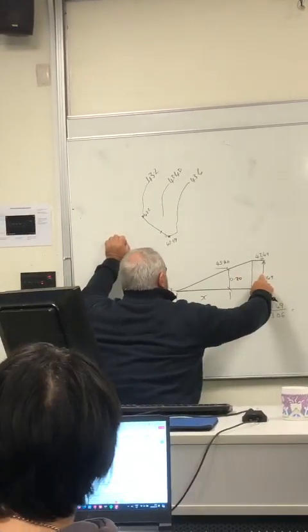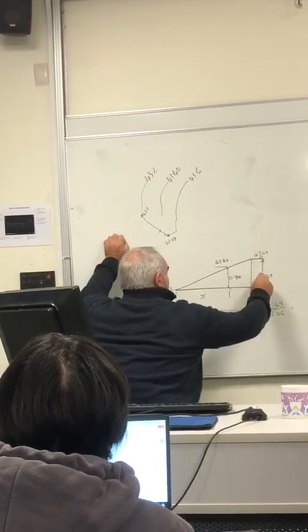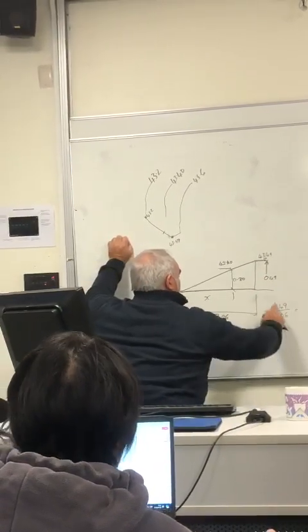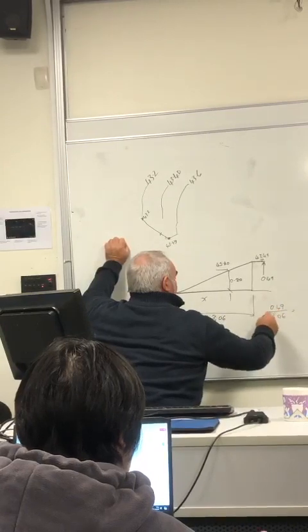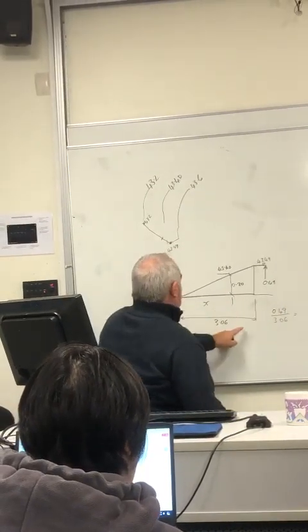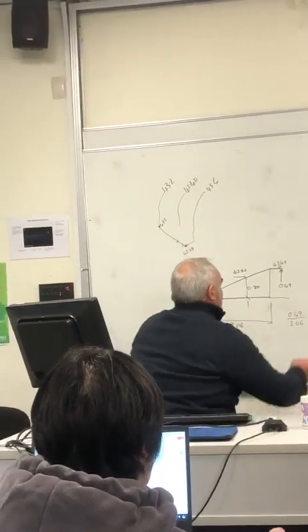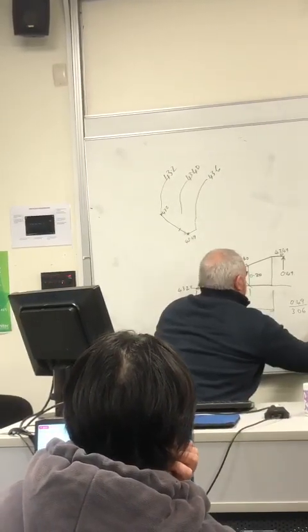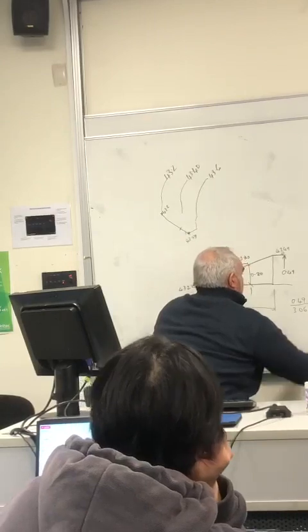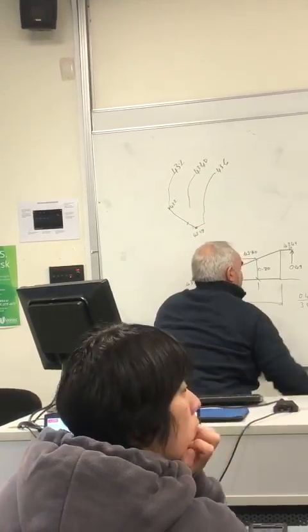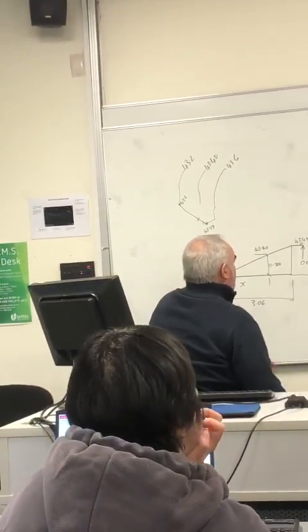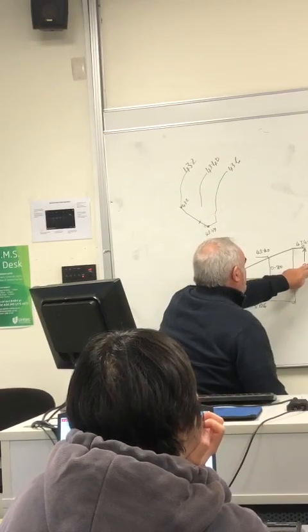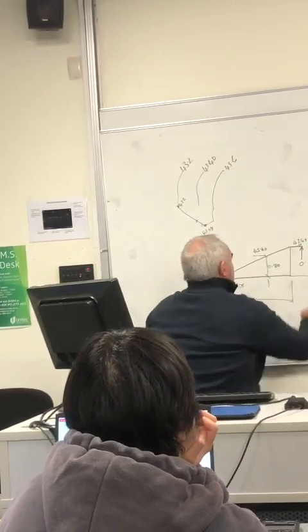That's not 1.49, that's 0.49. Yeah. So 0.49 over 3.06 is going to be equal to 0.2 over X. No, the 0.49 is 0.29. Yeah, 29. 291.